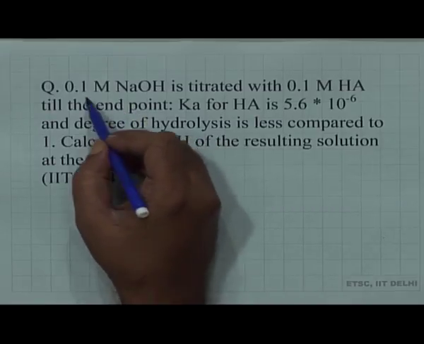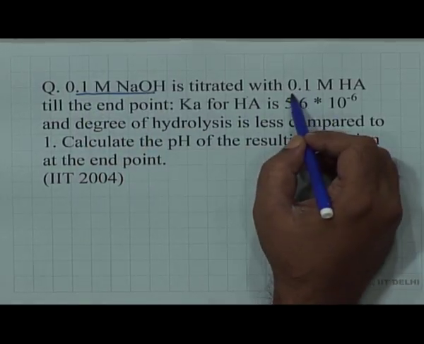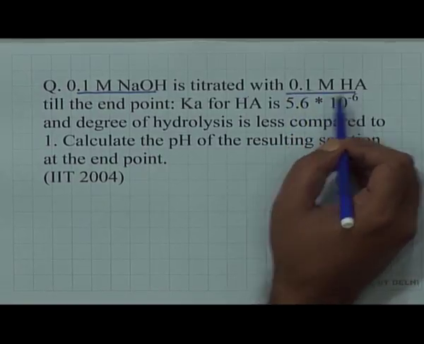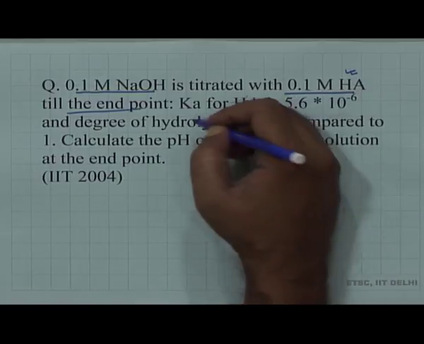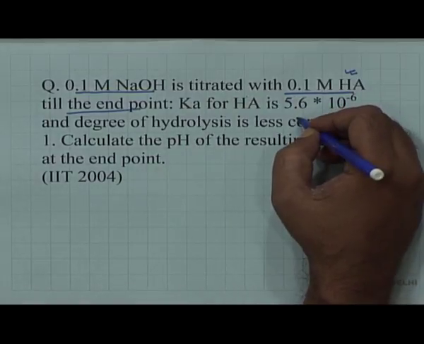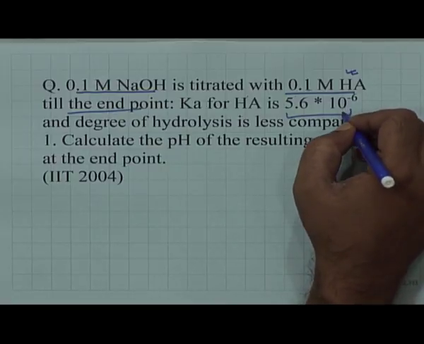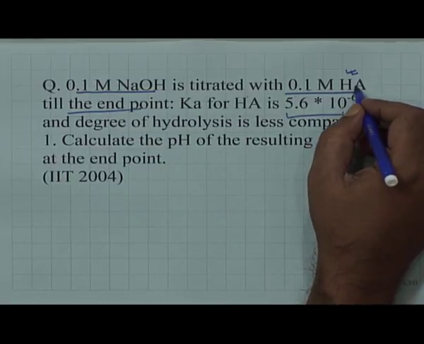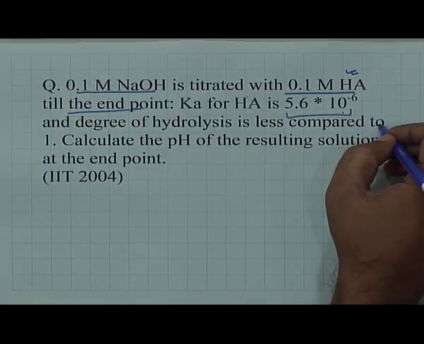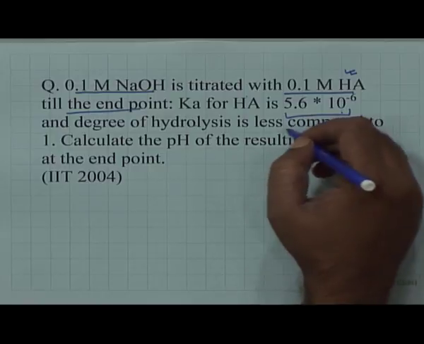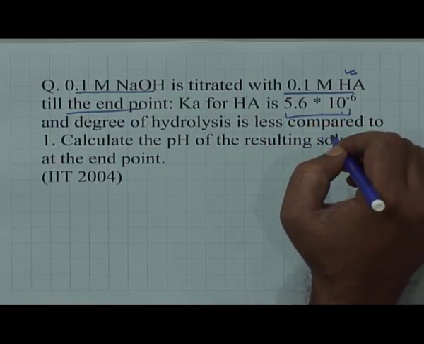What is given is 0.1 molar NaOH is titrated with 0.1 molar HA till the end point. HA means weak acid, Ka for HA is 5.6 into 10 to the power minus 6. It means that your HA is a weak acid, degree of hydrolysis is very small compared to 1, then we have to calculate pH of the resulting solution at the end point.